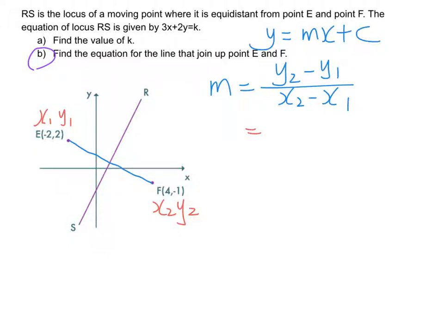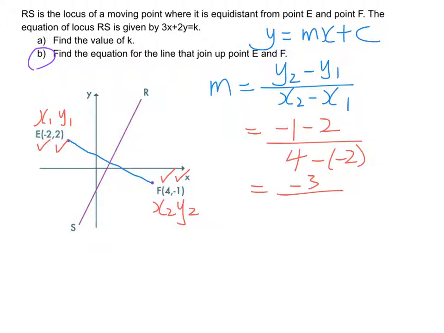So y2 is -1, y1 is 2, so -1 minus 2. x2 is 4, minus x1 which is -2. So we have -3 over 4 plus 2, we get 6. So the answer is negative 1 over 2.